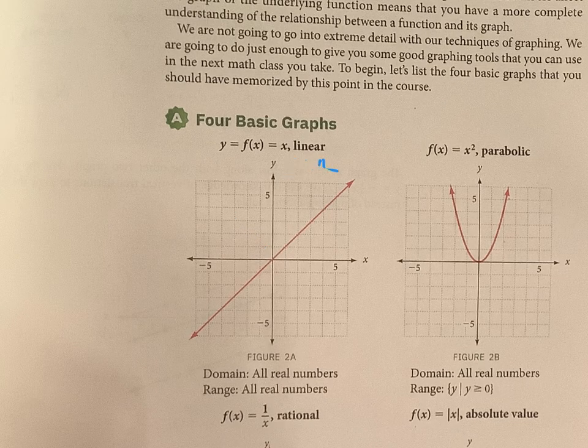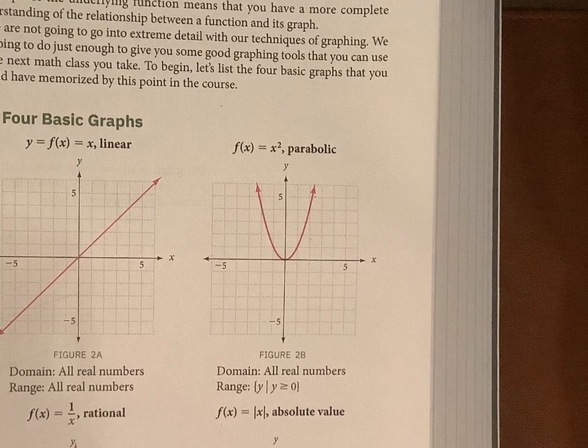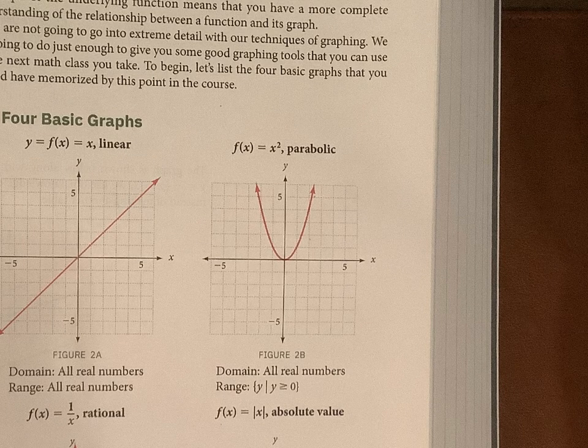And we'll add another number later if we have something like this parabolic. We have f of x, or y, equals x squared. When this exponent is a number other than 1, it will not make a straight line. It will always make some kind of a curve. So if this is a 3 or a 4 or a 5 or any number other than 1, it will make some kind of curvy line.